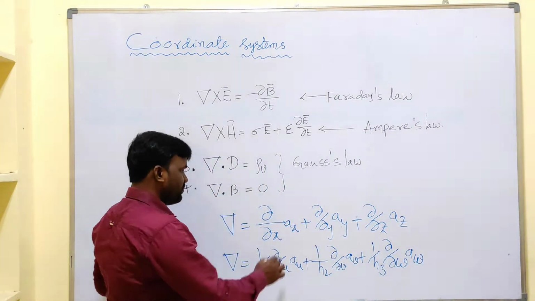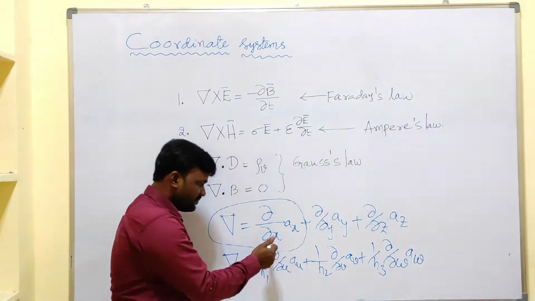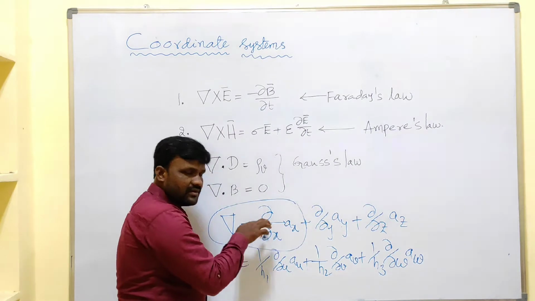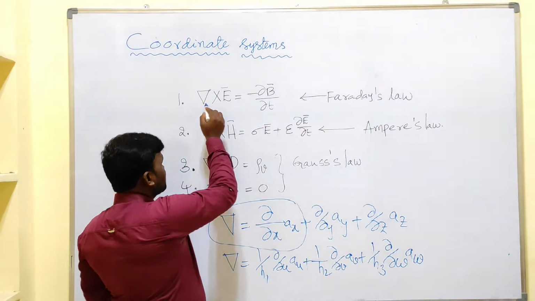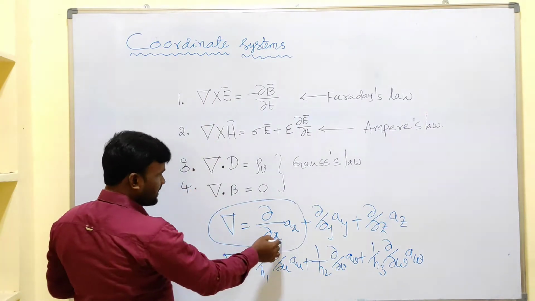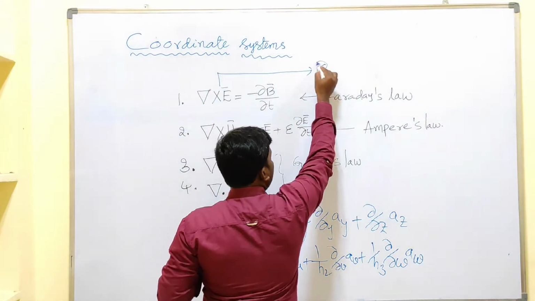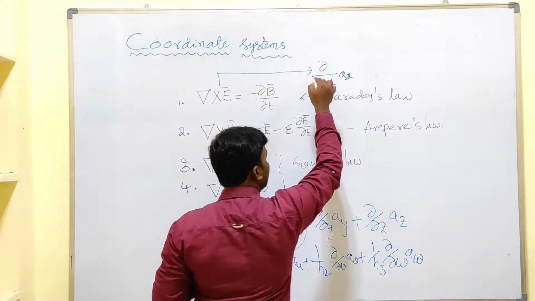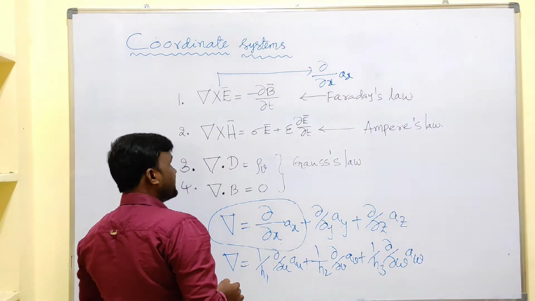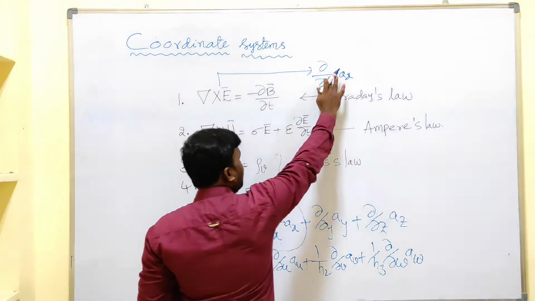That means this del is varied with respect to what? Del is a function of distance. Let us consider a one dimensional case. Along the x axis it can be written as dou by dou x ax. Or else let us take the z direction.